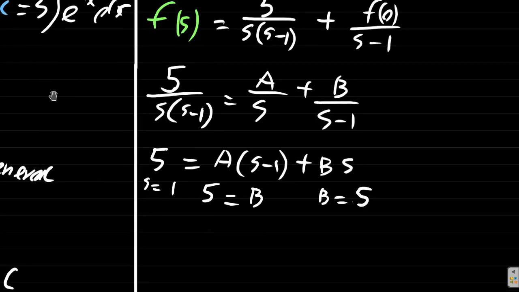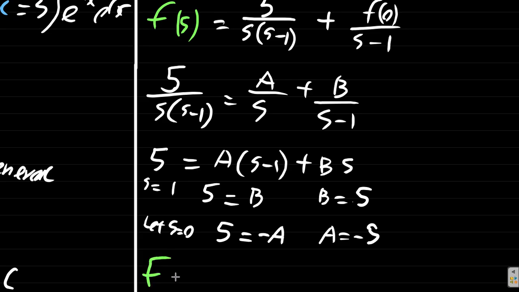And then, if we let s be equal to 0, then we have 5 is equal to 0 minus 1, which is negative 1, so that's negative A plus 0. B times 0 is 0. So A would be negative 5. Alright. So now we can write our Laplace transform.